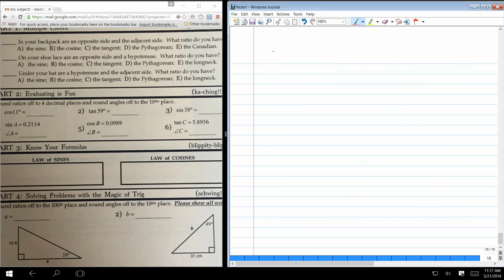Easiest way to remember the law of cosines is to start out with the Pythagorean Theorem. So far, so good? Now, subtract from that 2ab cosine of capital C. And there's actually 3 laws of cosines. Let me write the others for you.